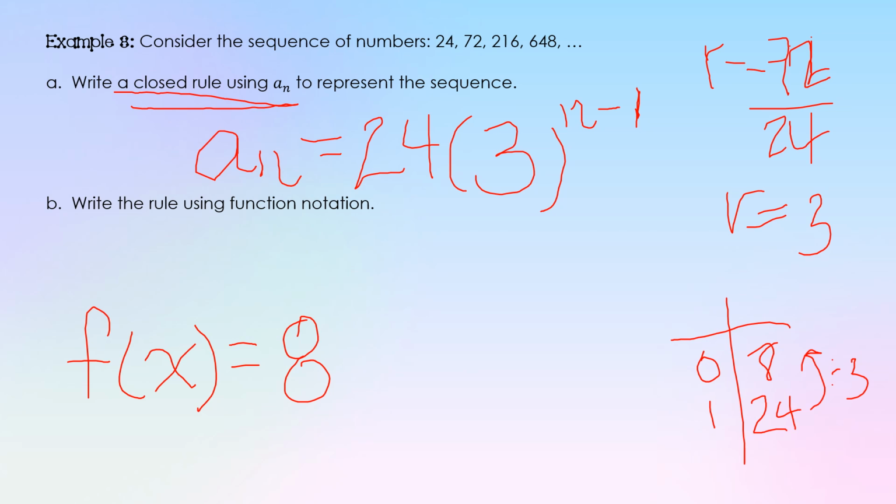So our initial value is 8. Our base is the same thing as the common ratio, so it's 3, and then it's just to the x, not minus 1. So the closed or explicit rule, your exponent is n minus 1 or x minus 1, whatever letters you're using, and then the function notation is just x or whatever variable you're using.